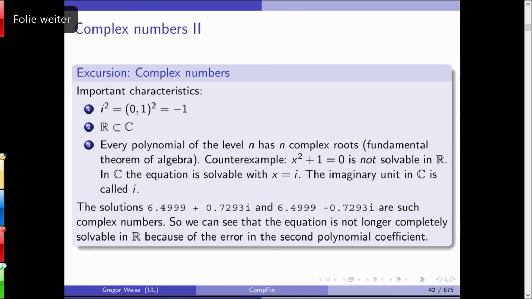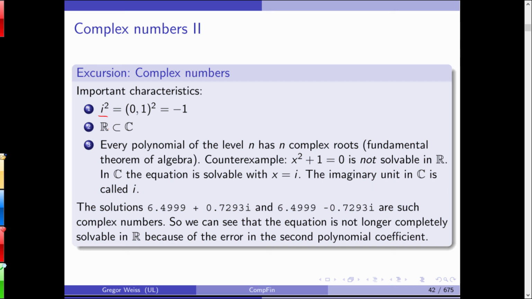Some results, first of all, if you square i, you get -1. And this is a result you will never find in real numbers, that if you have a number that is squared, the result will be negative. So this is strange. R is a subset of C, and for example, there are several results in function theory and complex analysis. You will find, for example, the fundamental theorem of algebra.